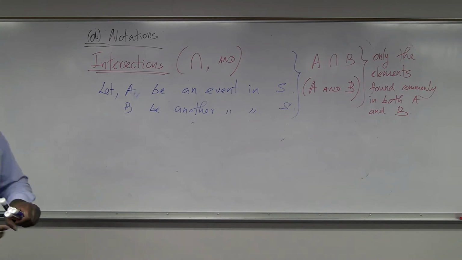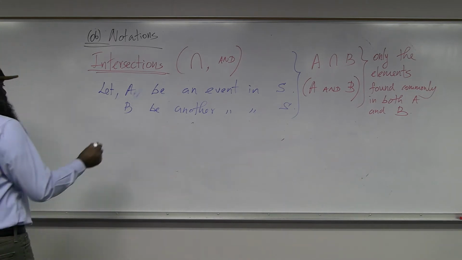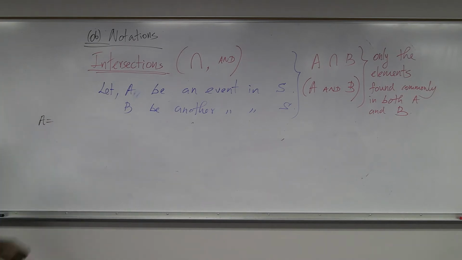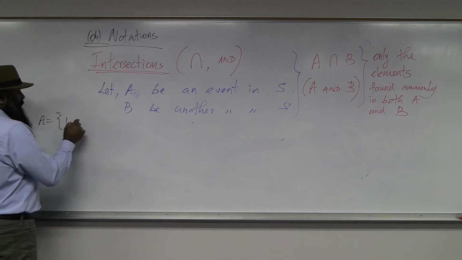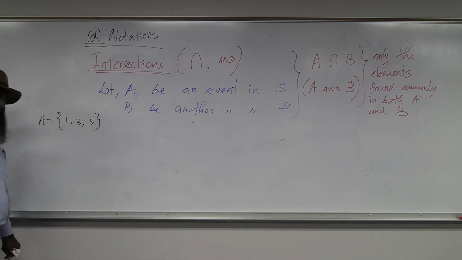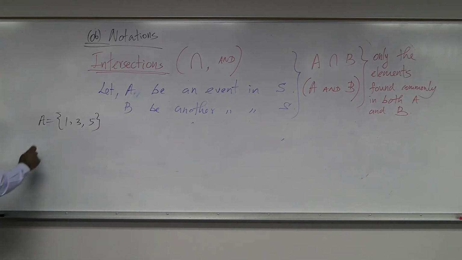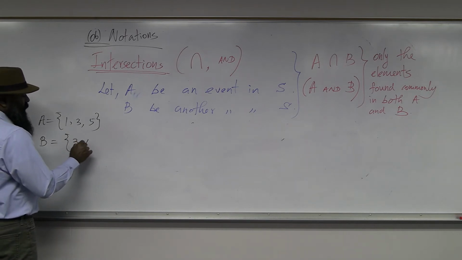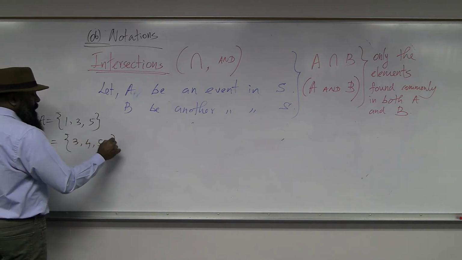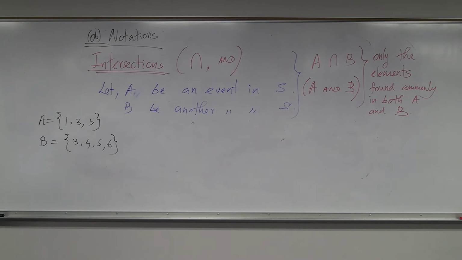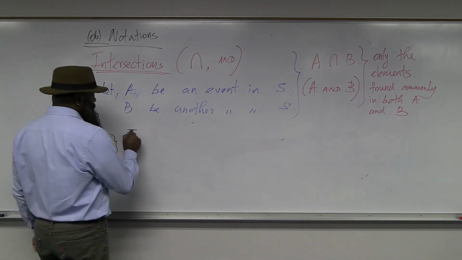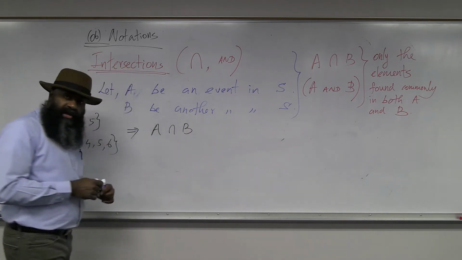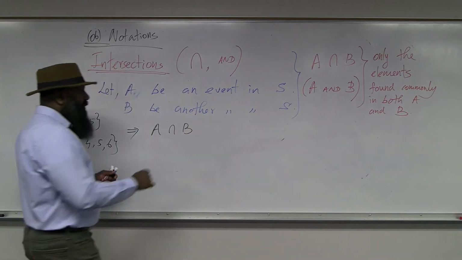So we'll do an example. Now here's the example for discrete random variable case. I will let A be 1, 3, 5. And I will let B be the event 3, 4, 5, 6. Okay? Now in this case, A intersection B, or you may write this as A and B, will be equal to what?